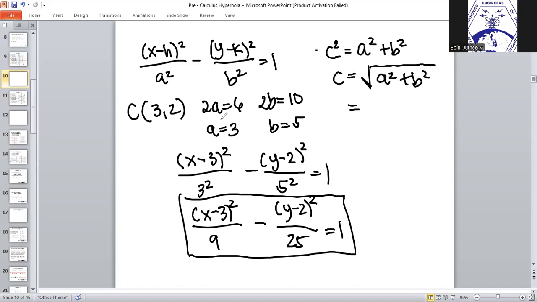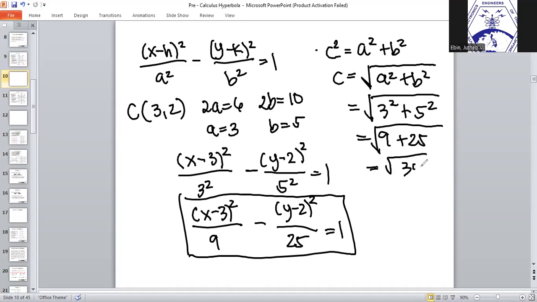Ang a natin is 3. So square root of 3 squared plus 5 squared. So square root of 9 plus 25, square root of 34. Square root of 34 is 5.83.